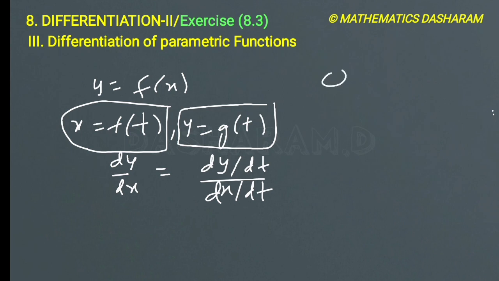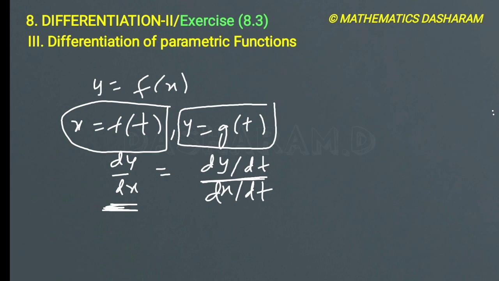Sometimes theta will come, sometimes pi will come. To find dy by dx, do the derivatives dy by dt and dx by dt, then divide the two answers, and automatically the variable t will be eliminated from the given two equations. Then we will get our required answer dy by dx.